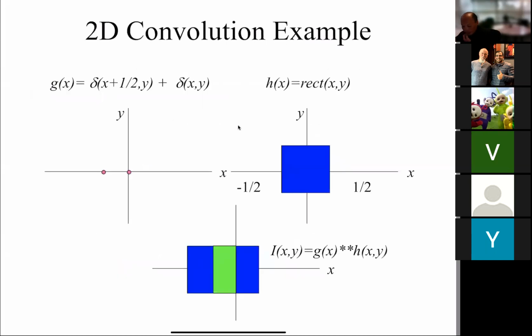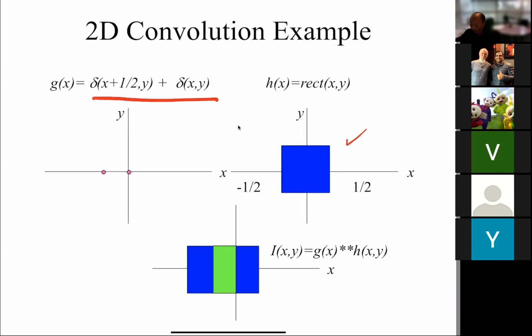Okay, so let's do an example of that because it is useful to think about how we would apply this in 2D. So here we have a 2-dimensional rect function, rect of x comma y. And we say we want to convolve it with this sum of shifted direct delta functions. Okay. So what is that going to do? Remember, convolving with a direct delta function just takes your object and moves it to the location.